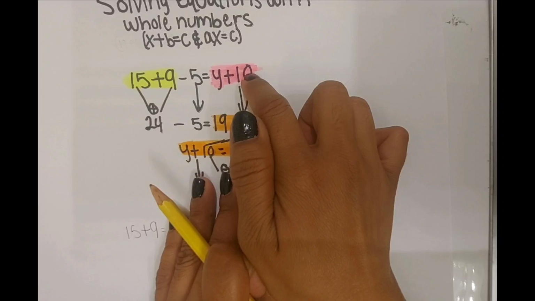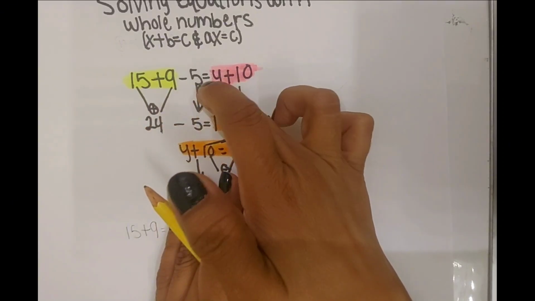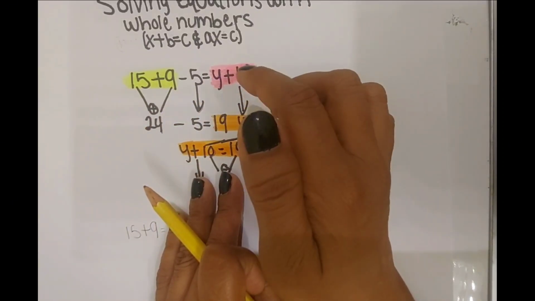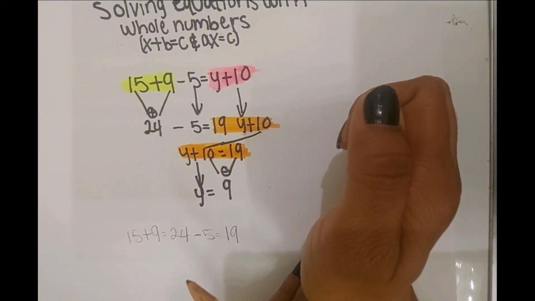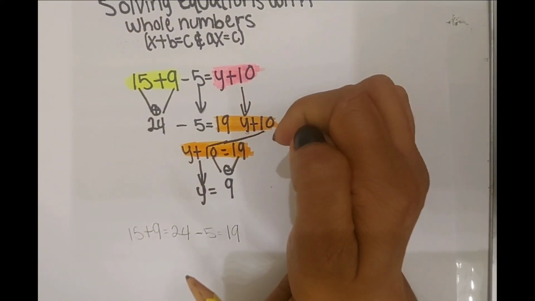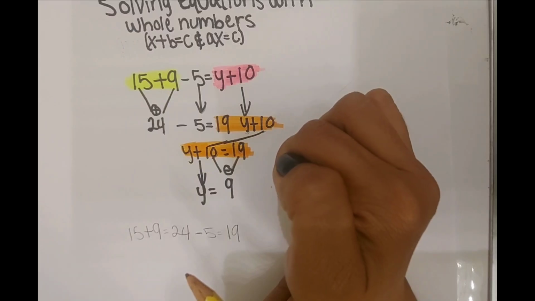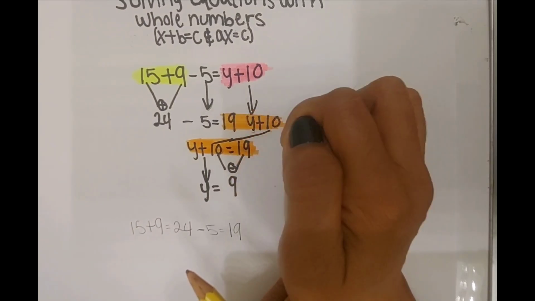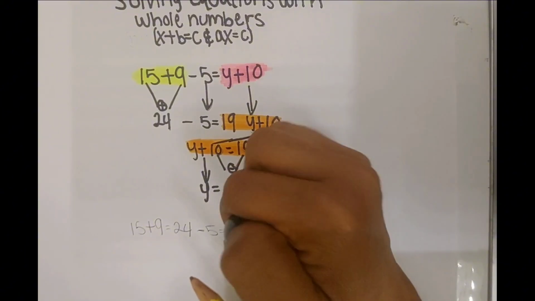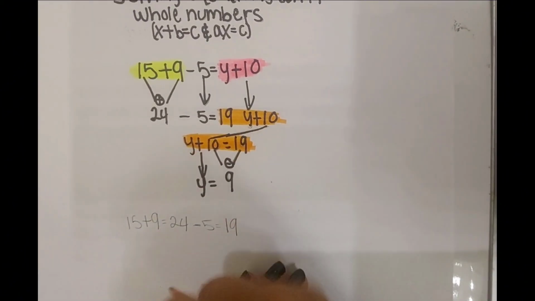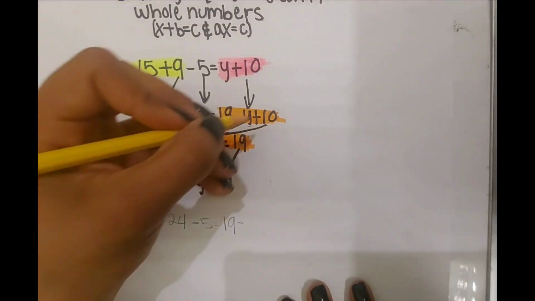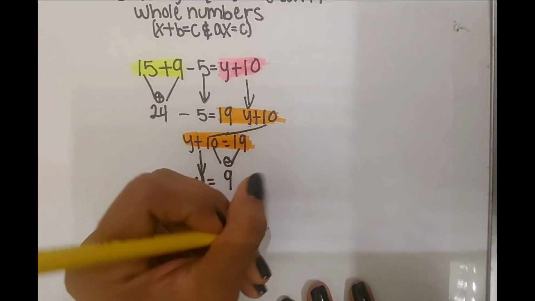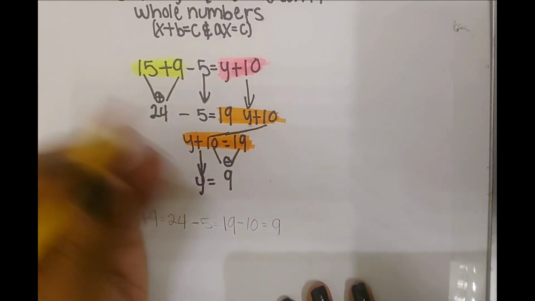They should just say 15 plus 9 minus 5 equals 19. They could have just given you the answer there. You have to do an extra step to find it out. Minus 10, which would equal 9.